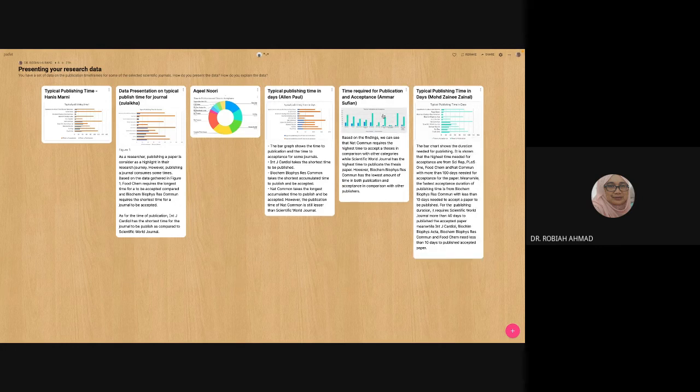But vertical is still okay. Our friends who did the horizontal bar charts can clearly show us how long it takes for each of the journals to be first accepted and then published.